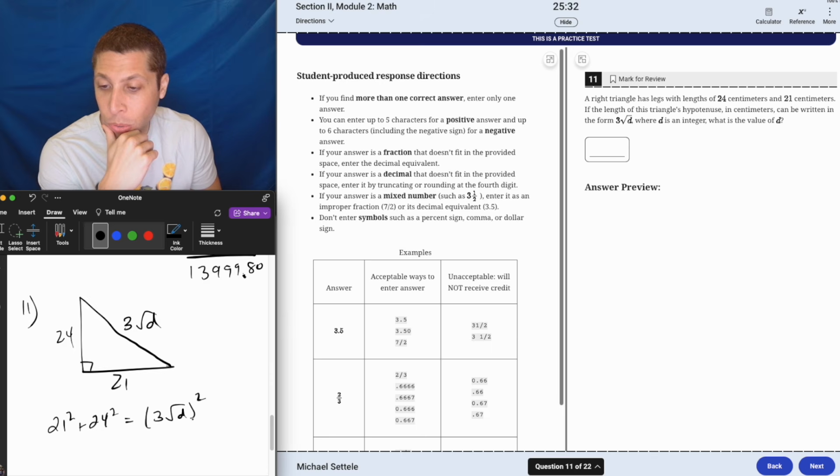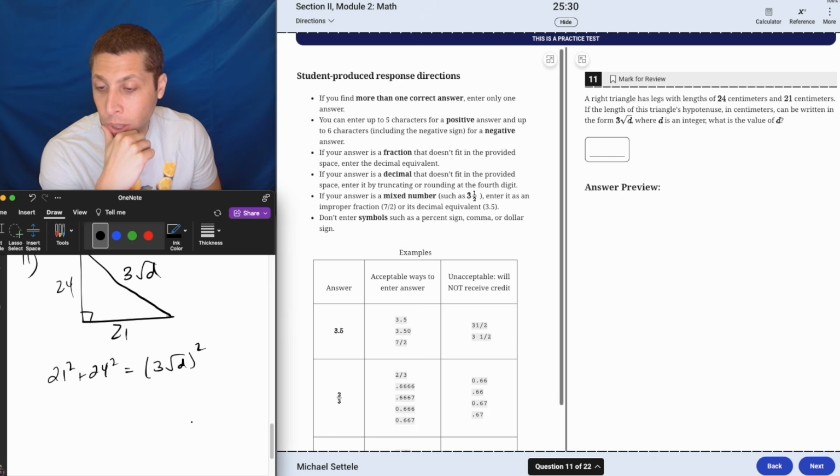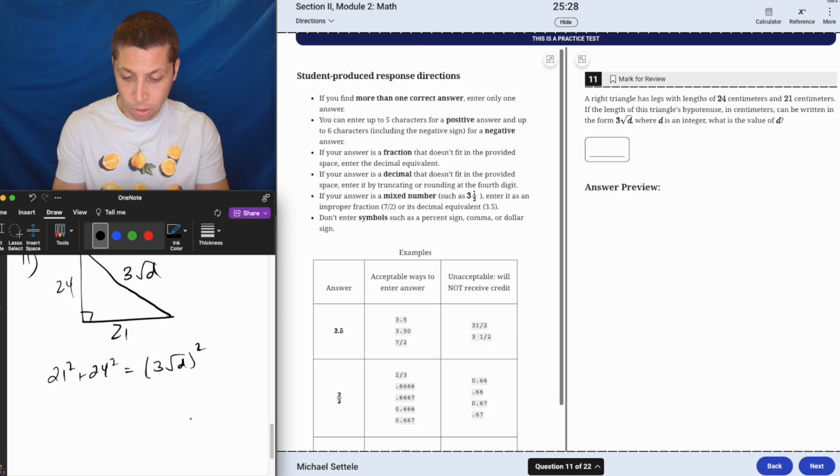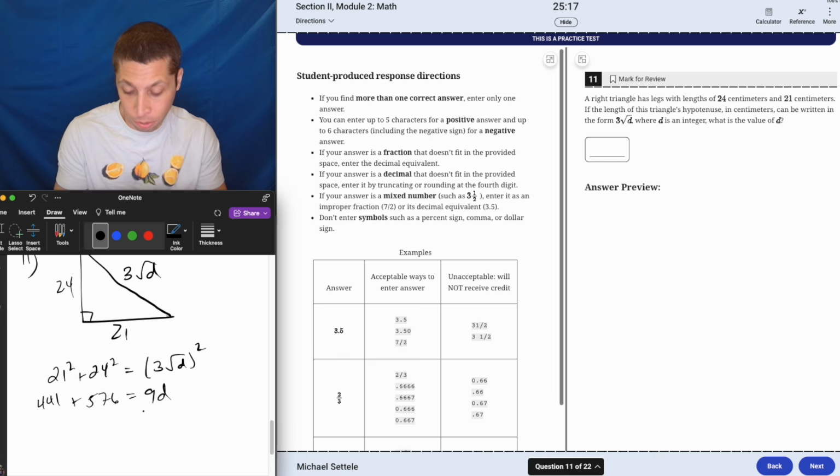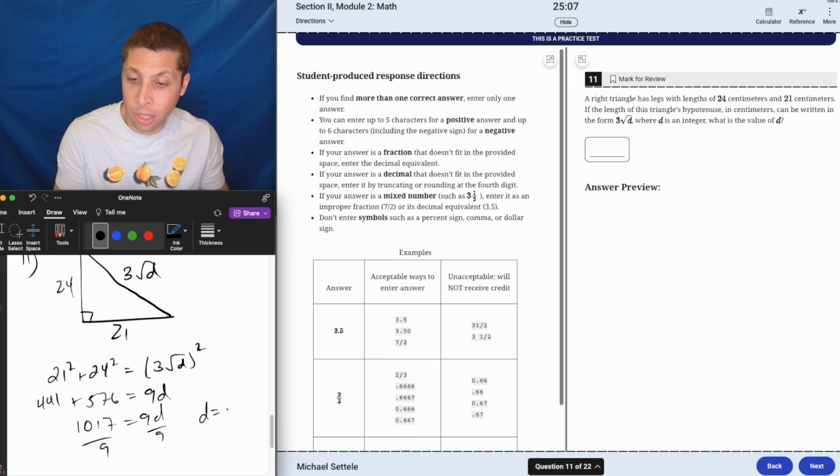You got to make sure you square all of that. So 21 squared, 441. 24 squared, 576 equals 9d. So 441 plus 576 is 1017. Divide by 9, d equals 113.